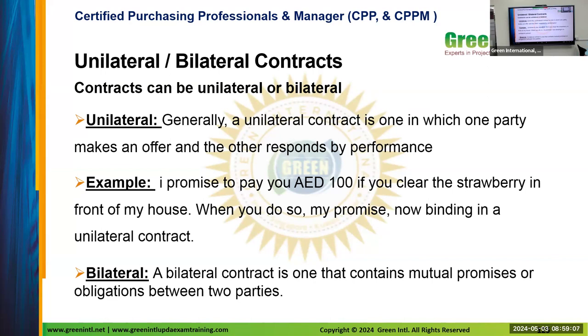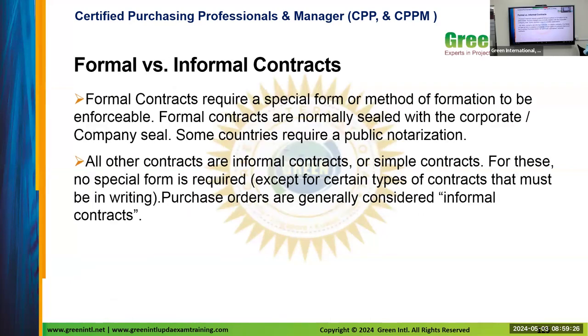If the other party simply does the work, it's a unilateral contract. But if the other party stipulates terms and conditions, saying okay, I will do the work but only for 1 or 2 hours, this kind of mutual communication comes under a bilateral contract. As a general or standard way, it's a bilateral contract.